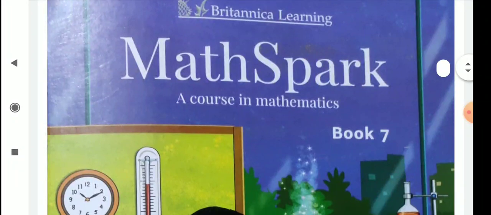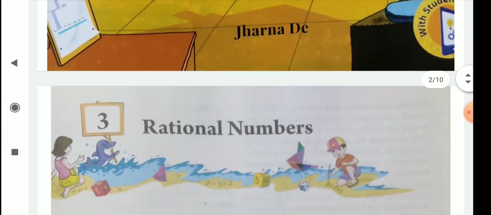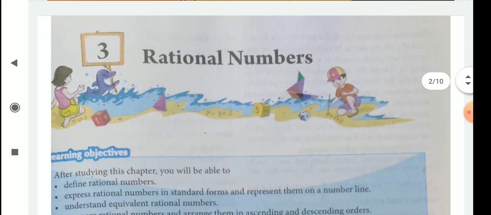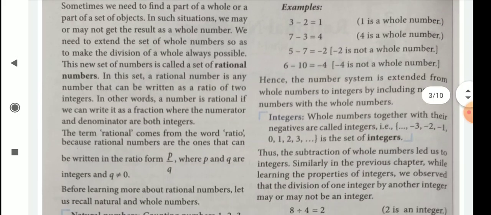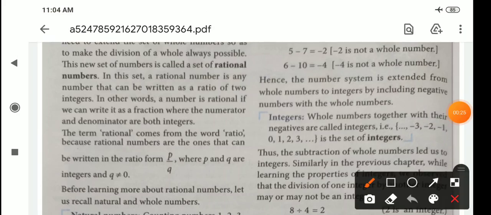Children, now we'll discuss chapter 3, rational numbers. So what are rational numbers? A number is rational if we can write it as a fraction where the numerator and denominator are both integers.